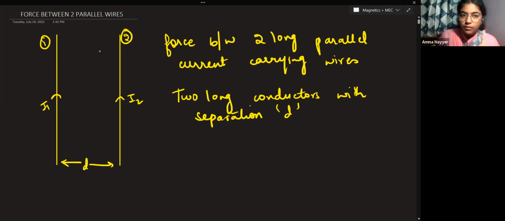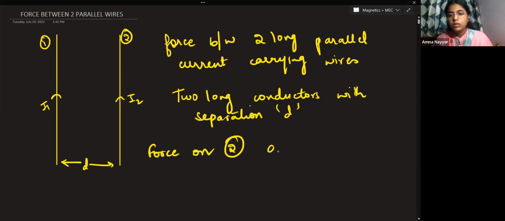Two conductors are there, first conductor and second conductor. We are not calculating the force somewhere in between, we are calculating the force on the second one due to the first one. I'll write that down as well: force on two due to one.